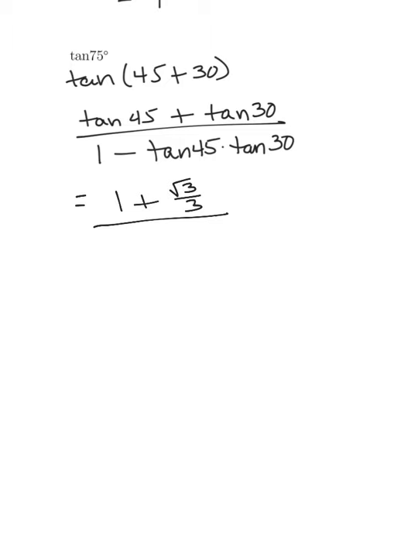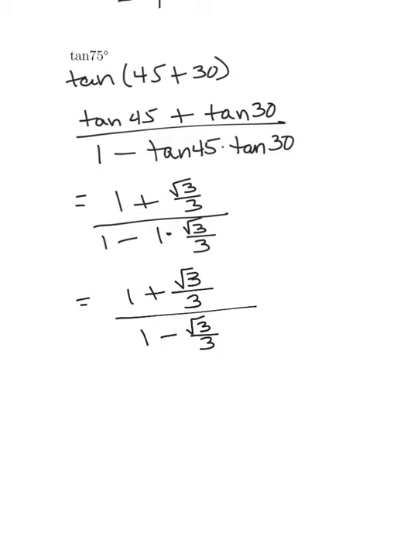In the denominator, we have 1 minus, we already know the tangent of 45 is 1, times tangent of 30, which is square root of 3 over 3.